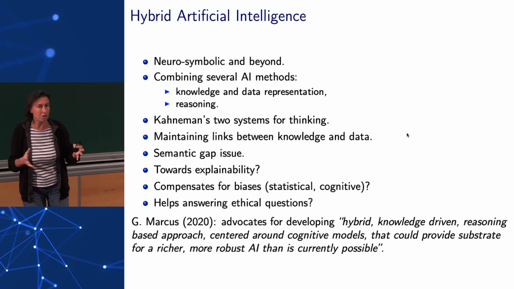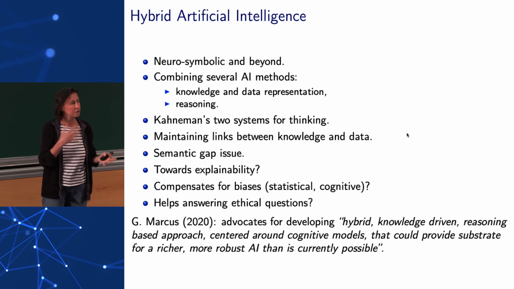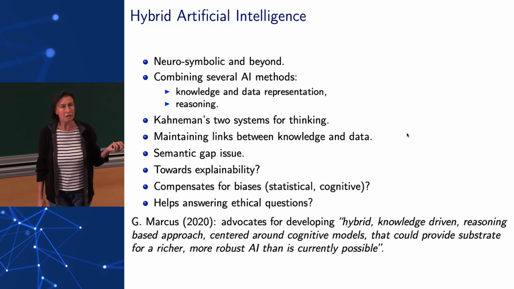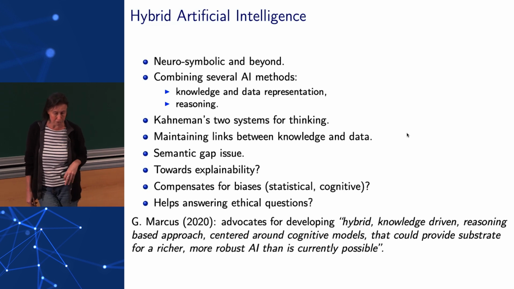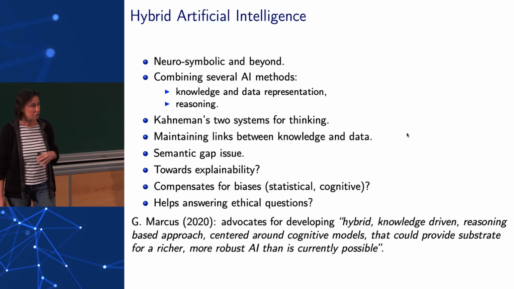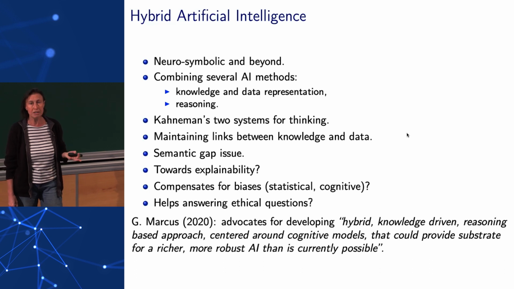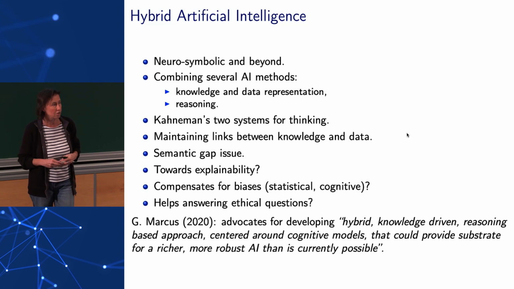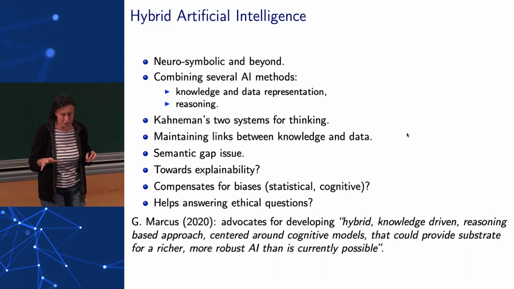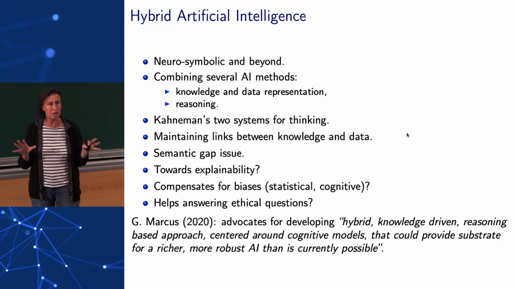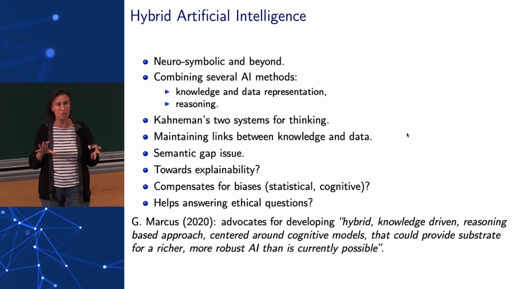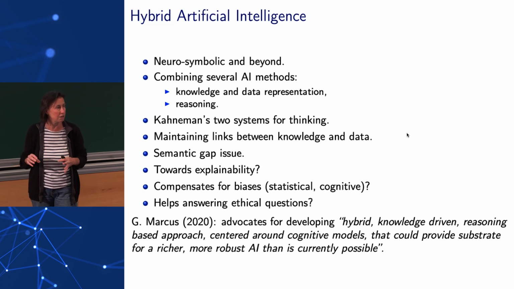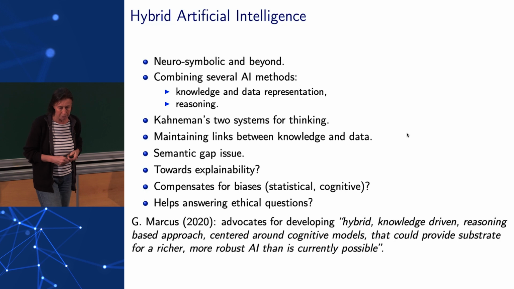This can be different methods for knowledge representation and reasoning based on logics, for instance, and methods coming from data, methods to represent uncertainty or imprecision, methods to represent the structure of a scene, for instance, based on graphs, etc. And the main question is how to find the good balance between what we can do with data and what we can do with knowledge representation and reasoning in a more symbolic way.